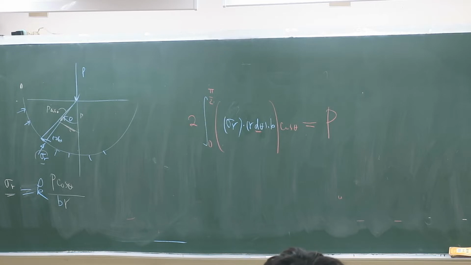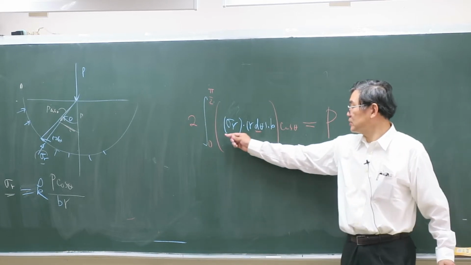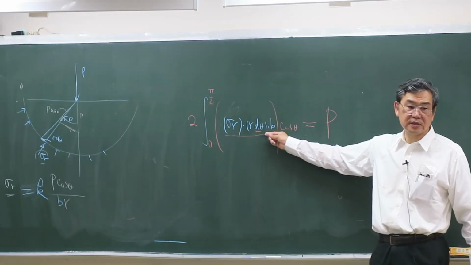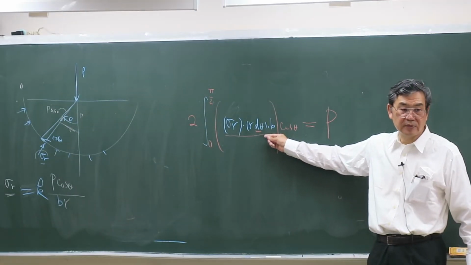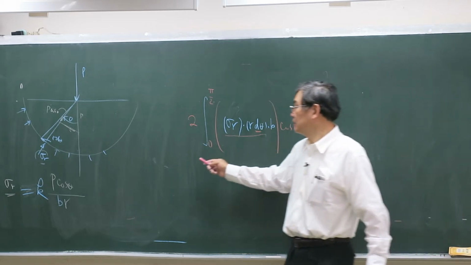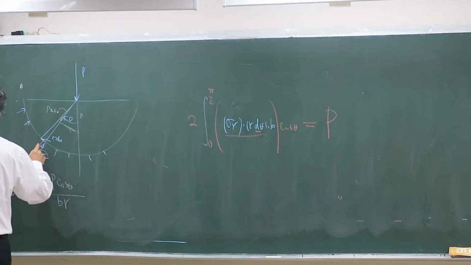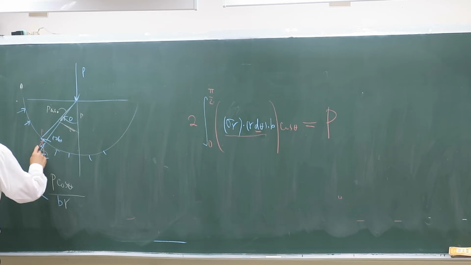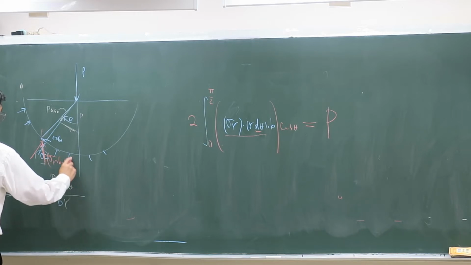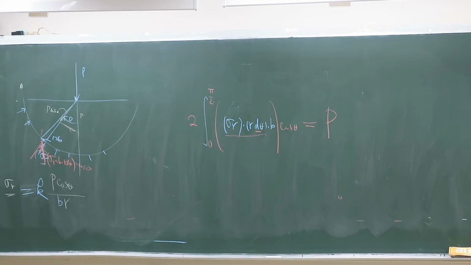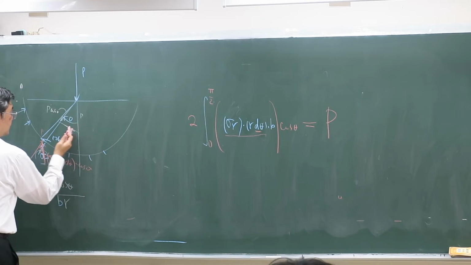Okay. This is the force applied on the sigma R d theta in that area. And this vertical component will be sigma R B R d theta cosine theta.